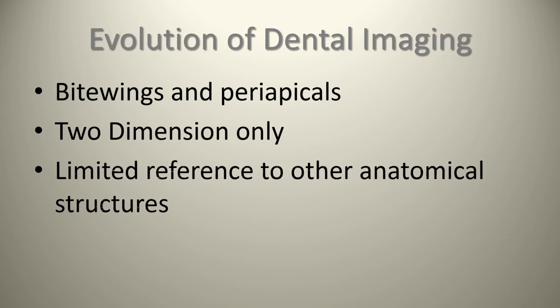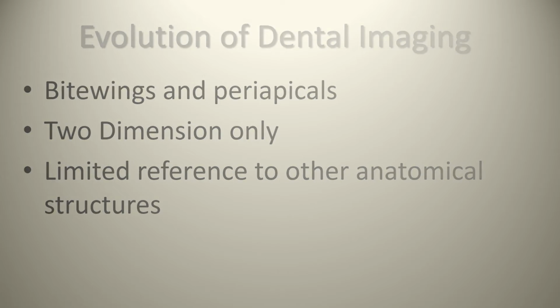However, you do have limited references to other anatomical structures for which a technique like this does not necessarily work. So in terms of evolution of dental imaging, once again, we had the panoramic radiograph, which was introduced, and once again, it gave us a breadth of information.